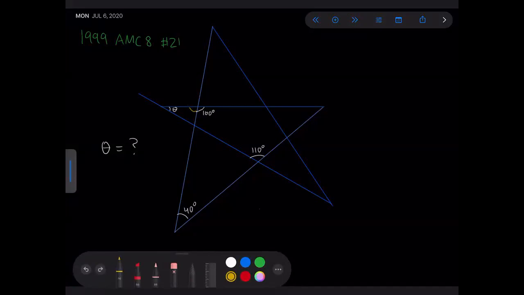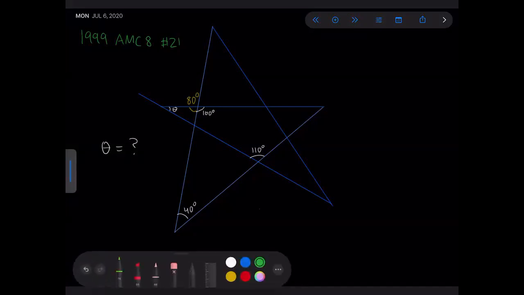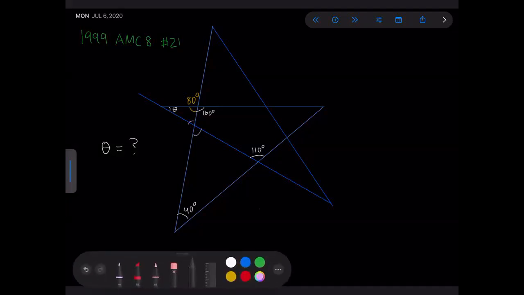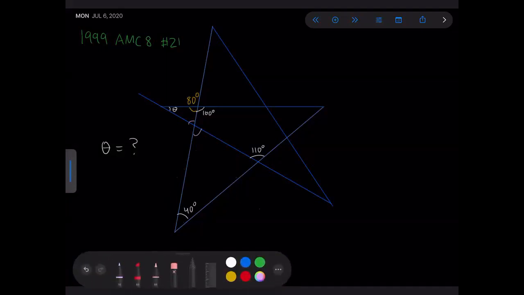And we want to find this angle. And to do that, we know that this angle is the same as this angle. Now, how would we find that angle? Well, we look at this triangle right here. And we know that we need to find this angle now.